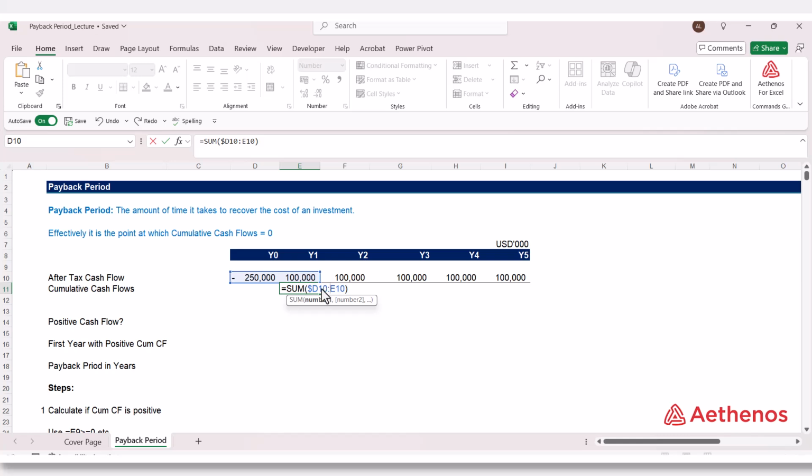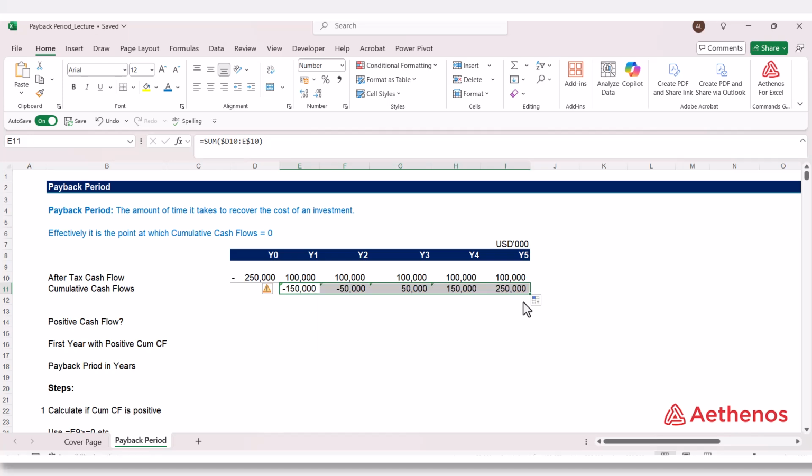And then for the E10 cell reference, when I copy it across, I want E to change, but I want the 10, or the row number, to be fixed. So I can press F4 until I get a dollar in front of the 10 only. So this is my formula. I will control enter and copy it across like this.